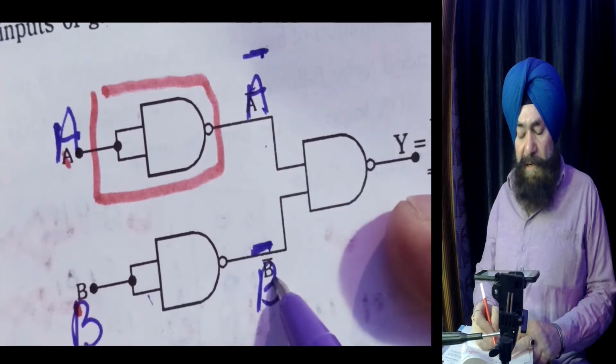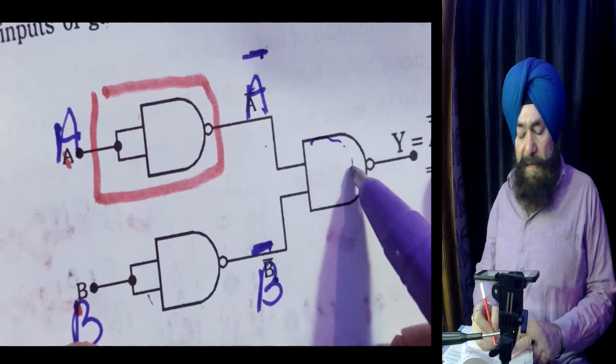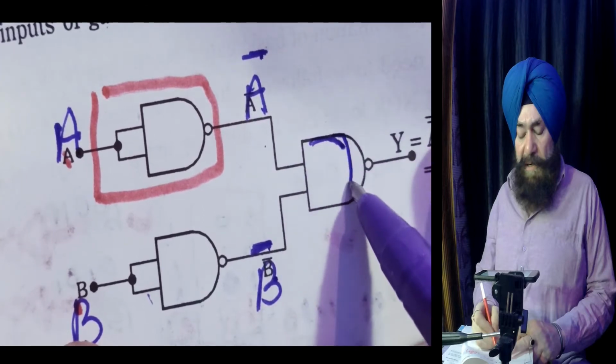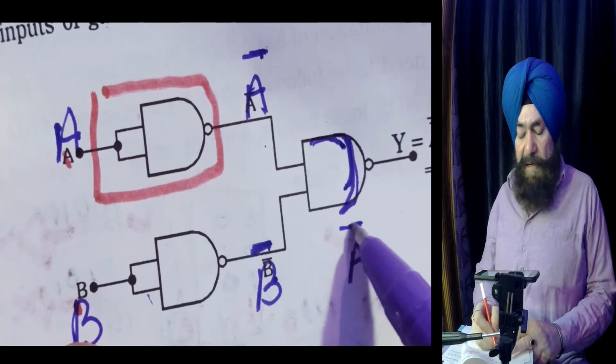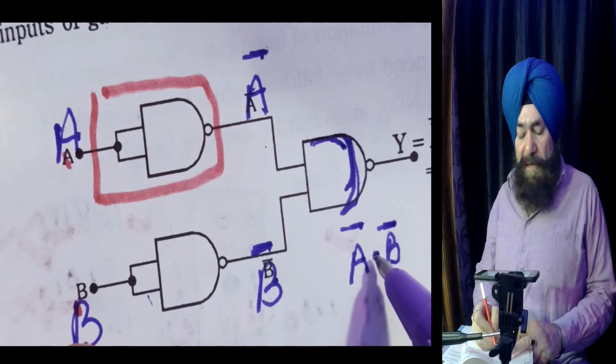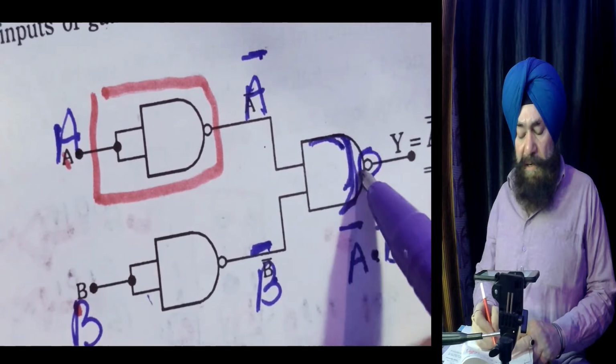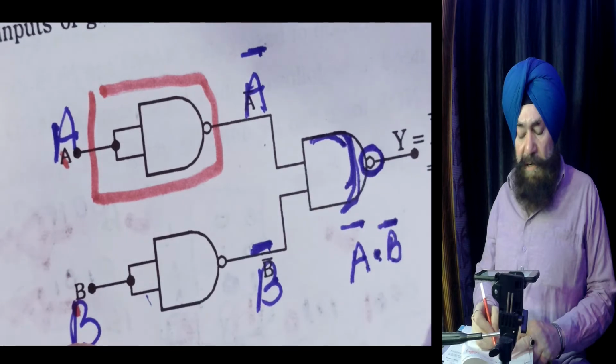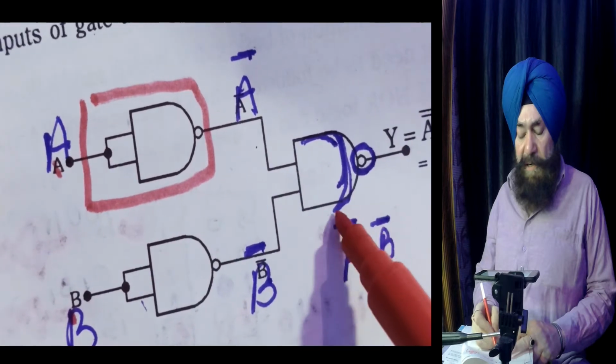A bar, B bar. Now up to here it is AND, so it becomes A bar dot B bar. Dot means AND. Now then there is a NOT. This one means a line.